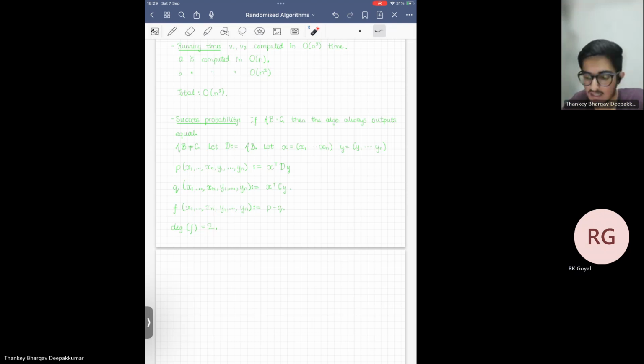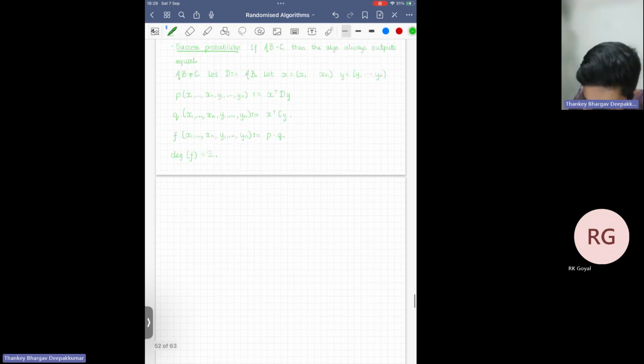Now every entry of x also has degree 1. When I do this, the degree of x and degree of y add up, so this has degree 2. Similarly, this has degree 2. So the difference would have degree 2, right?